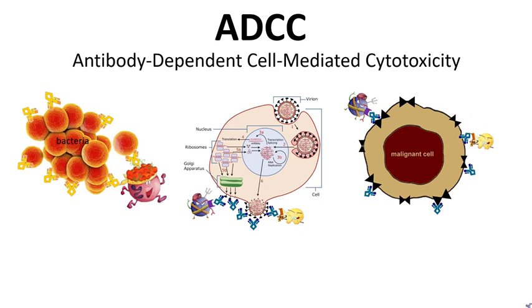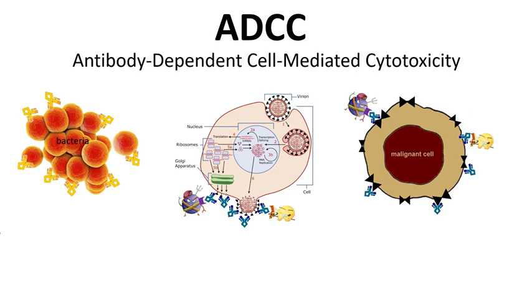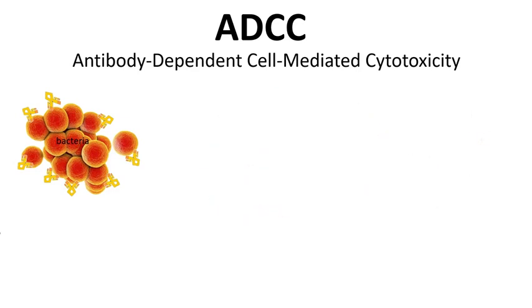So these cells will not stick to the ADCC antibodies. Conversely, the Fc receptors of neutrophils and macrophages can recognize IgM and IgG, but not IgE. And the NK cells? They also can recognize IgM and IgG, but they set off internal signal pathways to cause the infected or malignant cells to self-destruct via apoptosis.